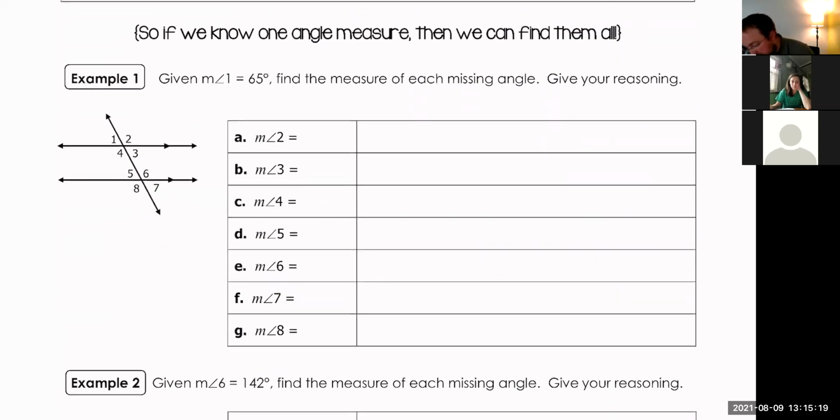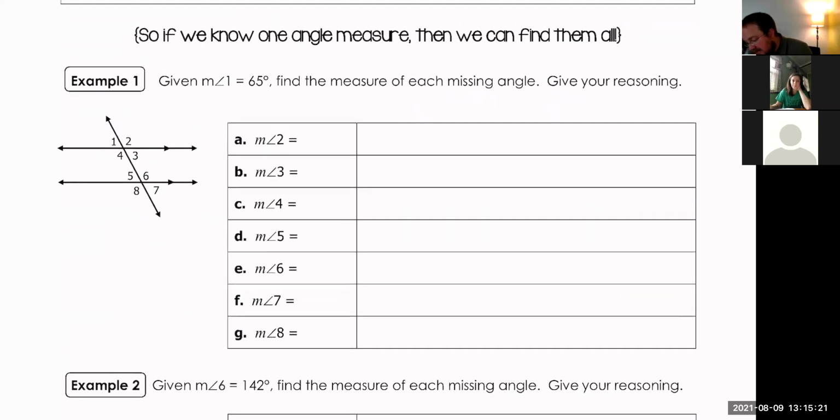So in our first example here, we are going to find each of these missing angle measures. We've been given the measure of angle 1 here at the top is 65 degrees. And we're going to find all the missing ones and explain our reasoning.